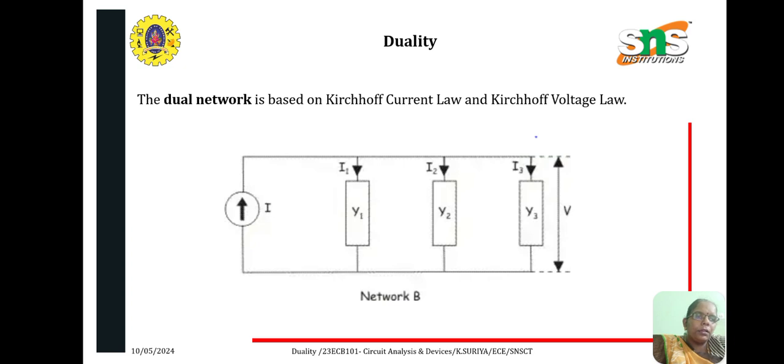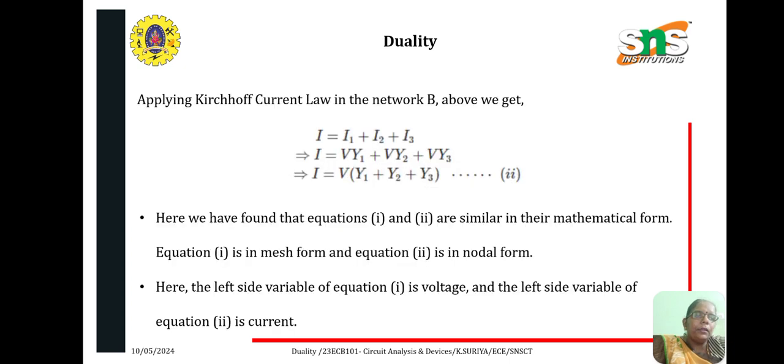The dual network is based on Kirchhoff's current law and voltage law. Now consider this diagram, which is network B. Here you have a current source in parallel with 3 admittances Y1, Y2 and Y3. The current flowing through Y1 is I1, through Y2 is I2, through Y3 is I3, and the total current is I. Applying Kirchhoff's current law in the network, we get I is equal to I1 plus I2 plus I3.